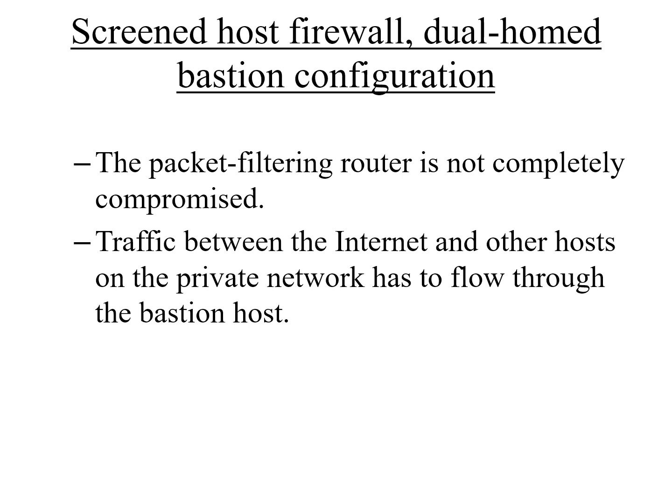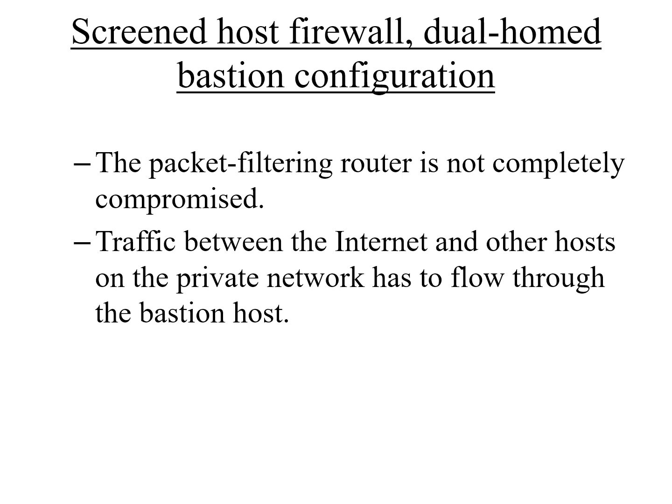How the firewall works safely. The packet filtering router is not fully compromised. This means the router which checks the data has not been completely hacked or broken. It is still working to filter traffic safely. Traffic must go through the bastion host: all the data coming from the internet to the private network and vice versa has to pass through the bastion host, the strong security computer.